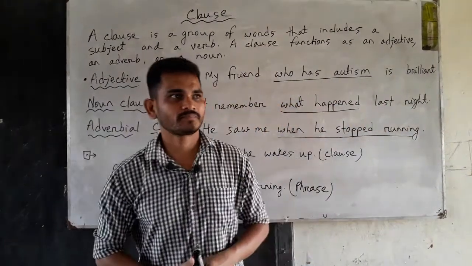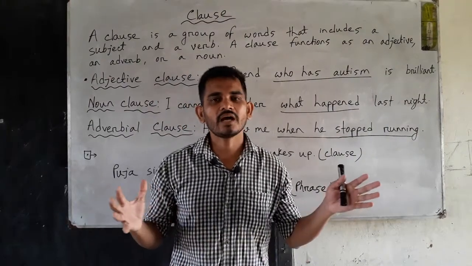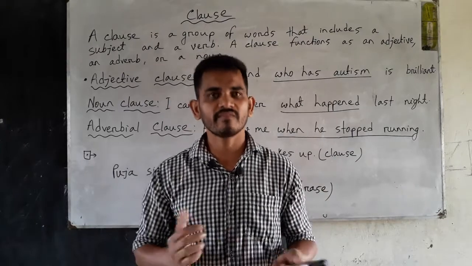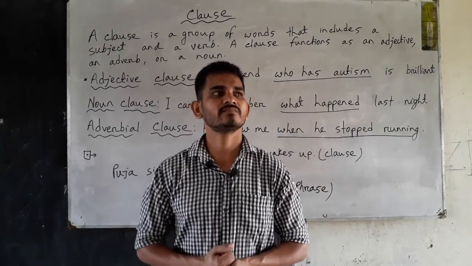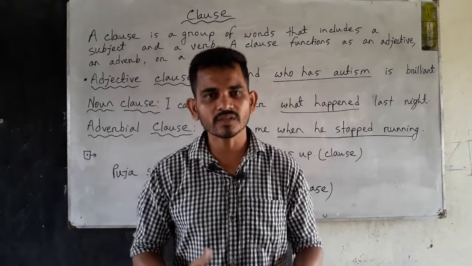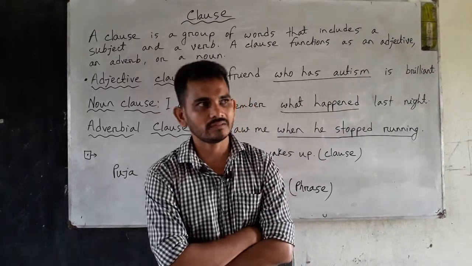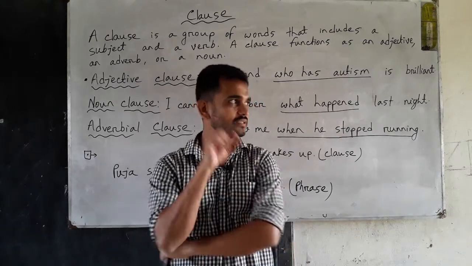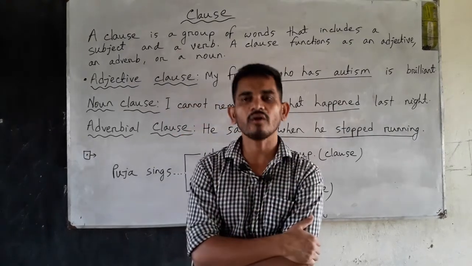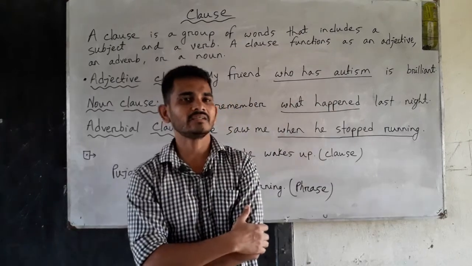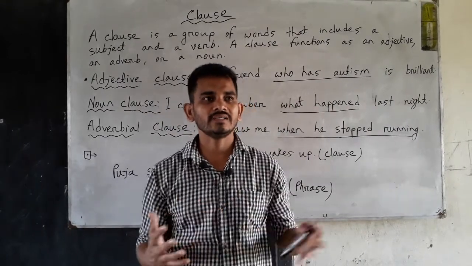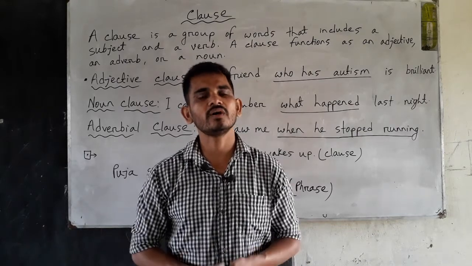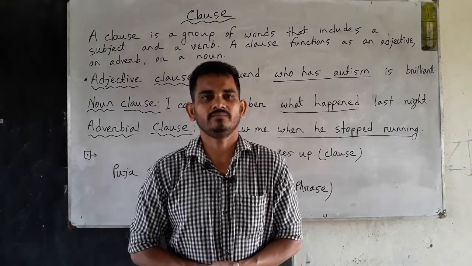Dear learners, when giving the definition of phrase, I told that a phrase is a group of words that does not contain a subject or a verb. But when defining clause, we see that a clause has a subject and also a finite verb.